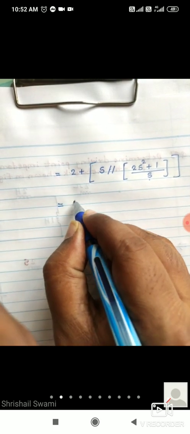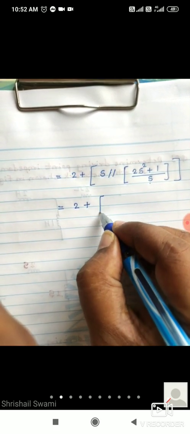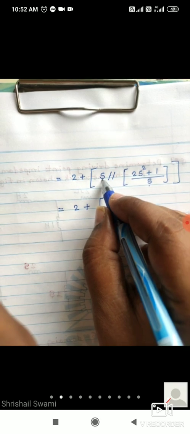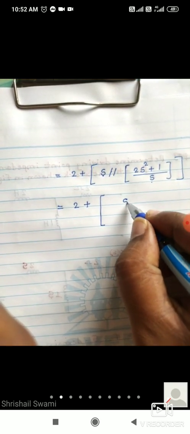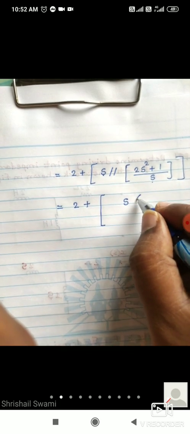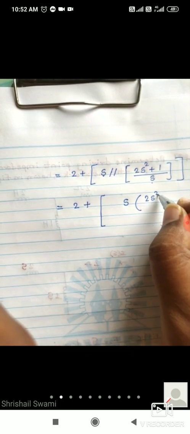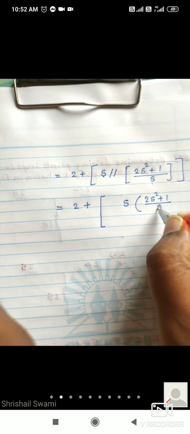So solve that 2 plus. So how to get now, this is 1 and this is total 1, so multiply this s into 2s square plus 1 divided by s, divided by, sorry, multiply here this term.